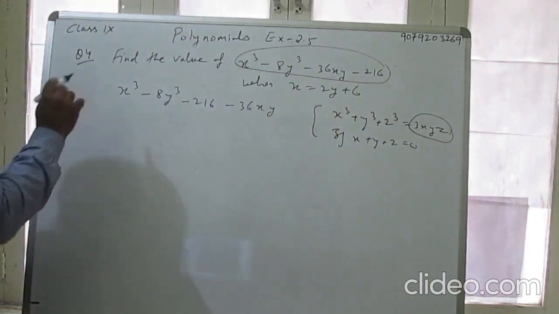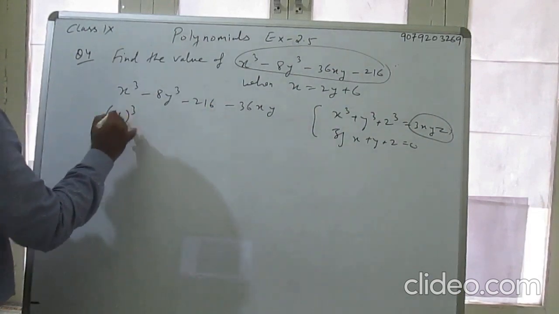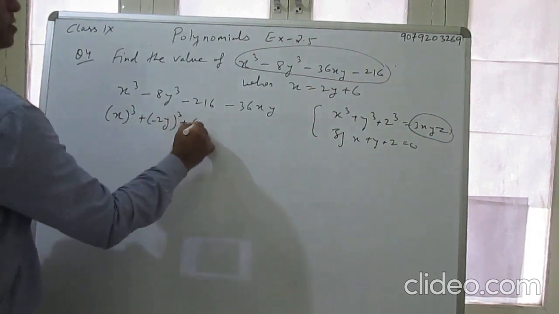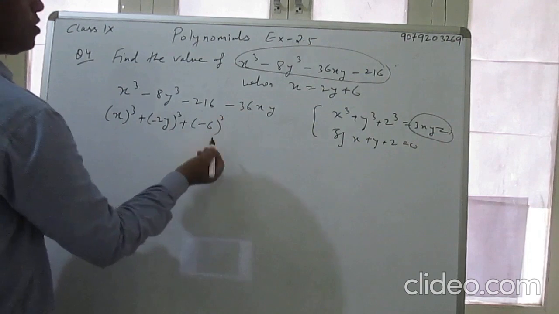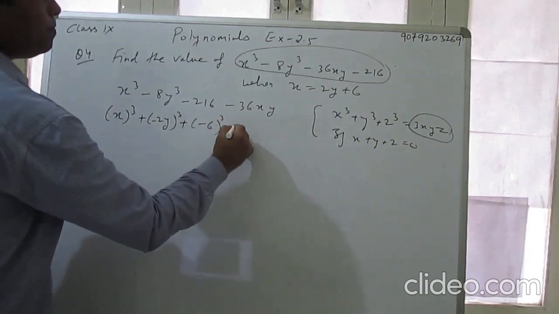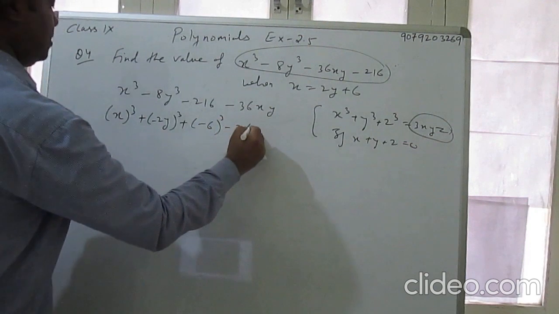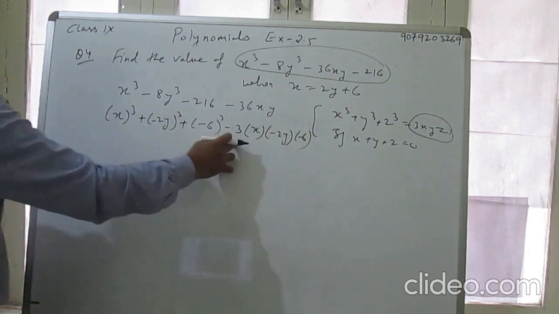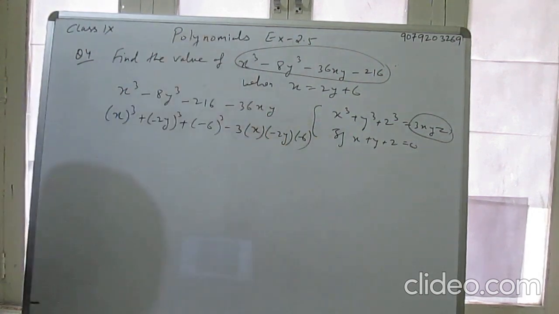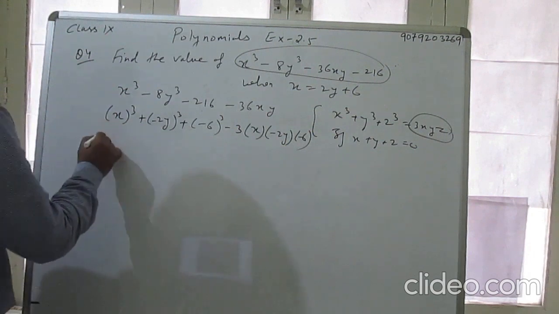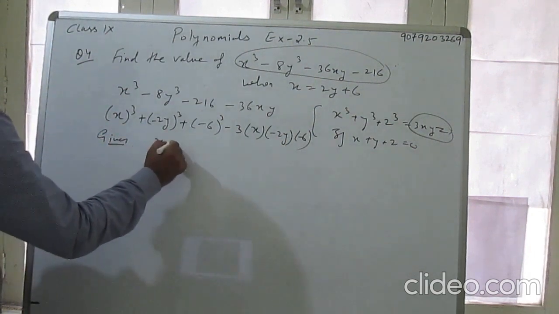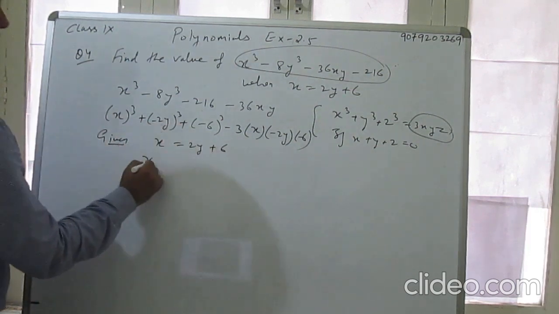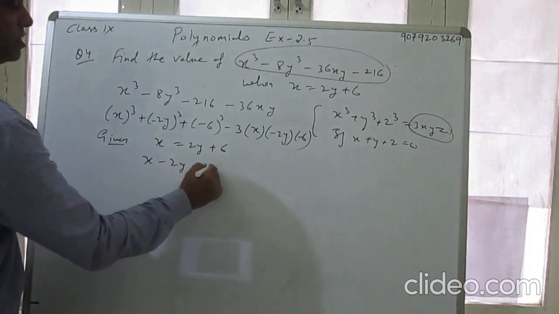Okay, now see here, in place of x cube plus y, take 2y minus whole cube plus minus 6 whole cube is equal to minus 3xyz. If you multiply it, you will get 36xy. Now see here, it is given to you x is equal to 2y plus 6. Transpose this here, you will get x minus 2y minus 6 is equal to 0.